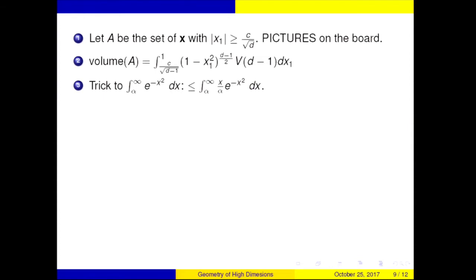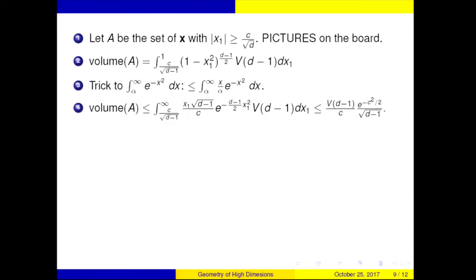So x is greater than alpha, so I can throw in a factor of x over alpha. And this is nice because this is integrable, right? E to the minus x squared, the derivative has an x in it. So you can integrate that. That's how you often compute the tail probabilities of Gaussians. That's a very good estimate if you go more than a few standard deviations away. Okay, so I have to integrate that.